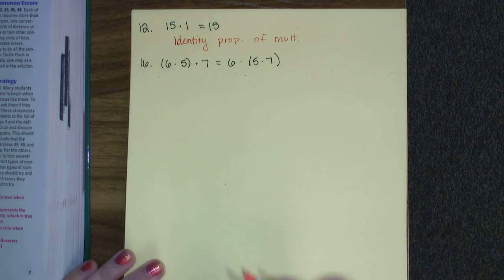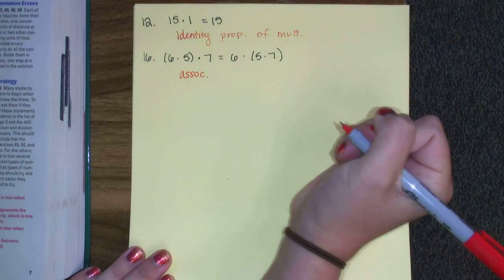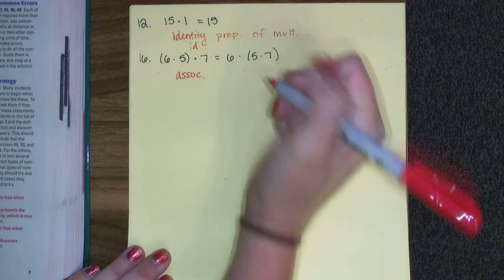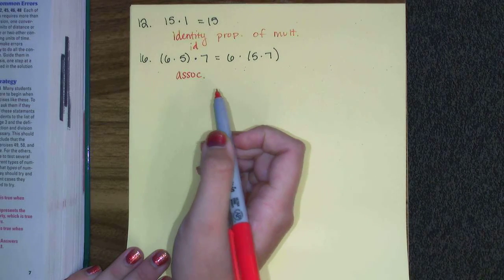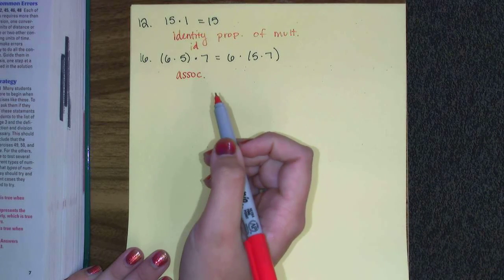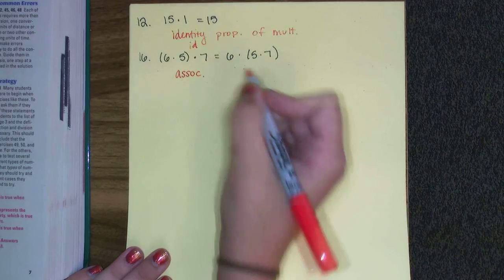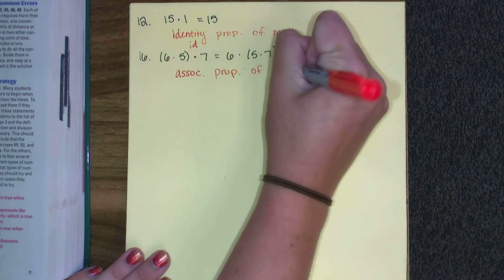Yes, okay, associative property of multiplication. Normally you can abbreviate these. So identity you can do as ID. Just please make sure with associative that you don't stop after 3 letters. Okay, I'm sure you can see why. I always go out to the C. Just make that a habit if you're going to abbreviate it. Associative property of multiplication.